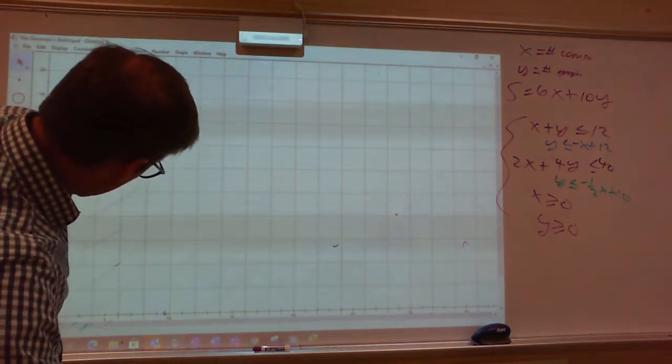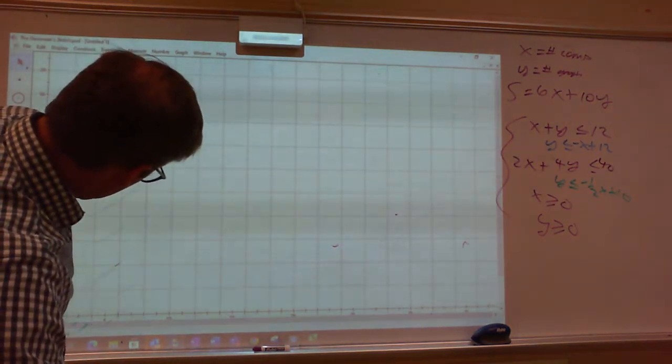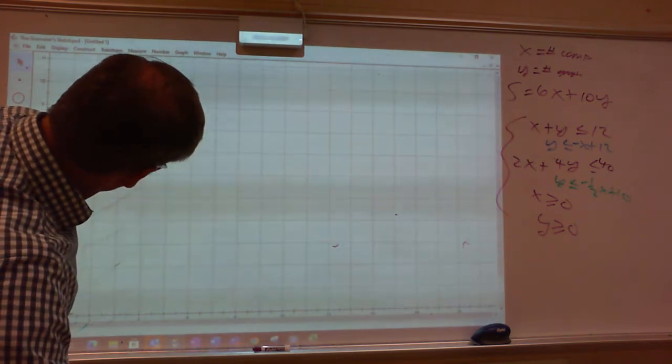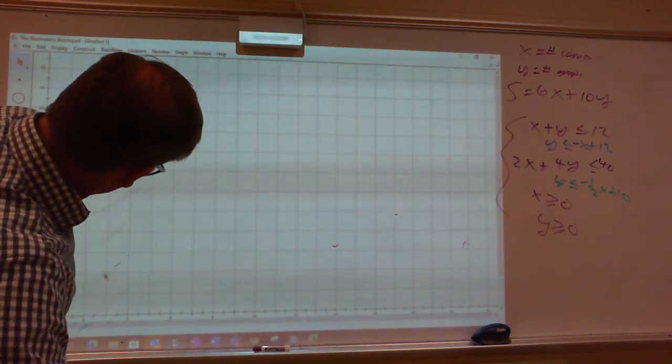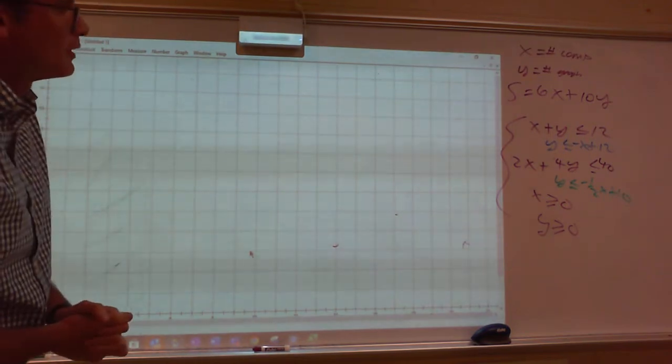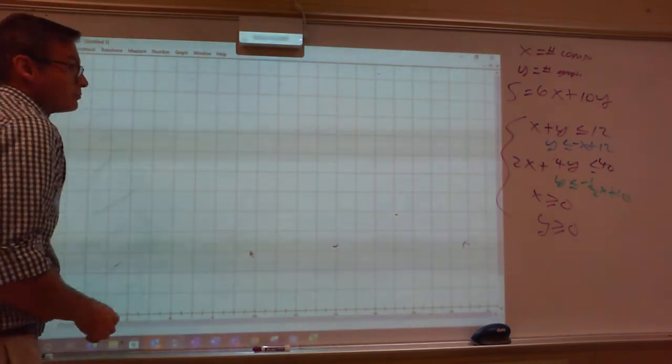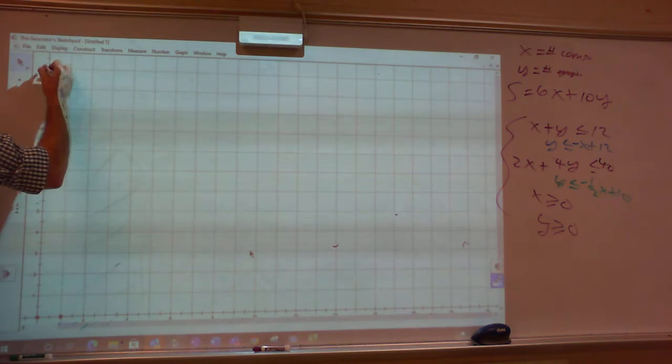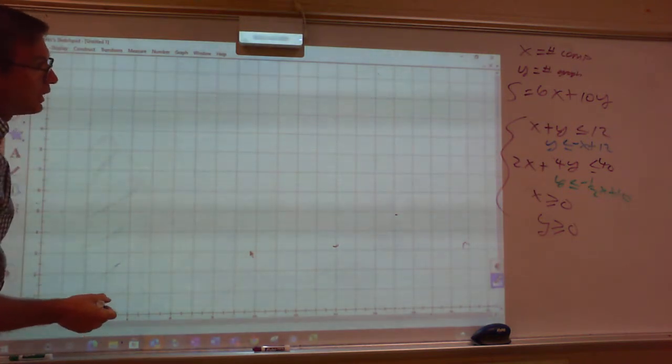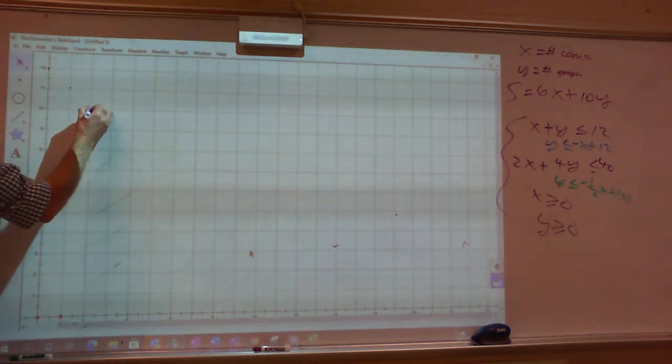And I can cheat a little bit to make my picture look a little bit better. So I'm going to graph the blue line. It says start at 12 and go down 1 over 1.